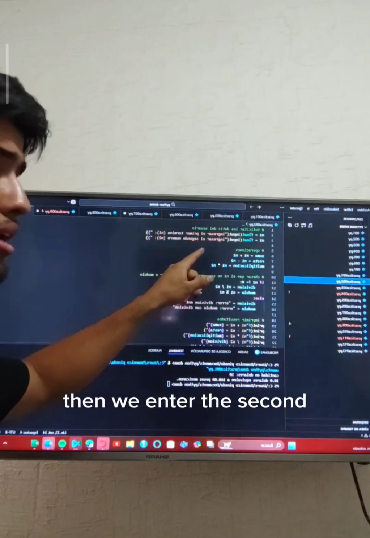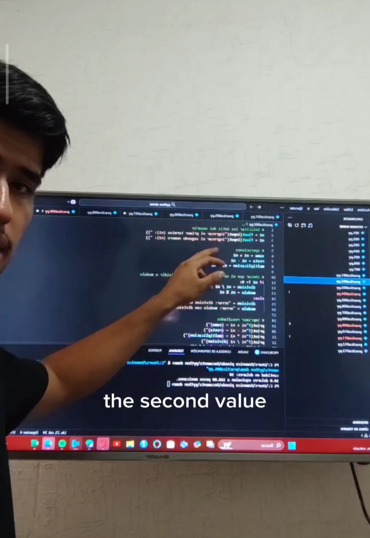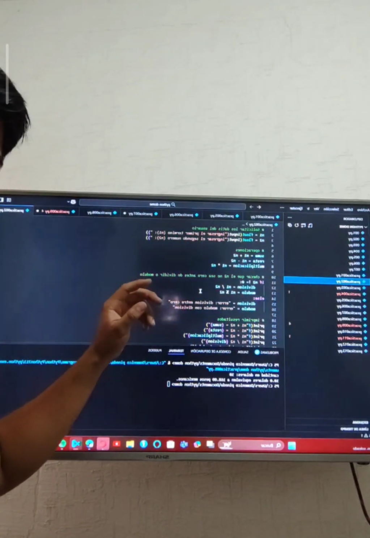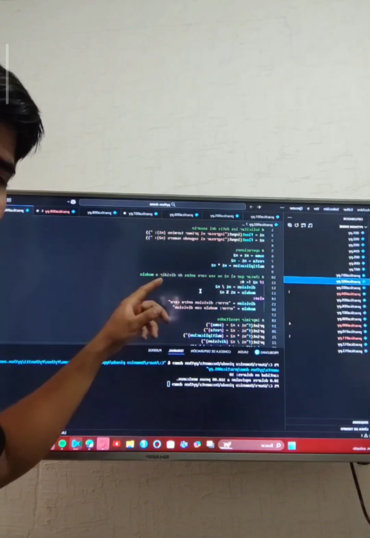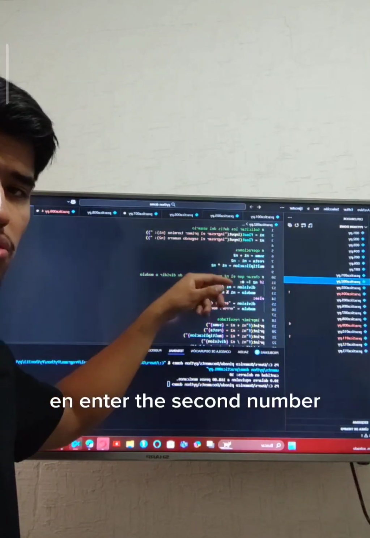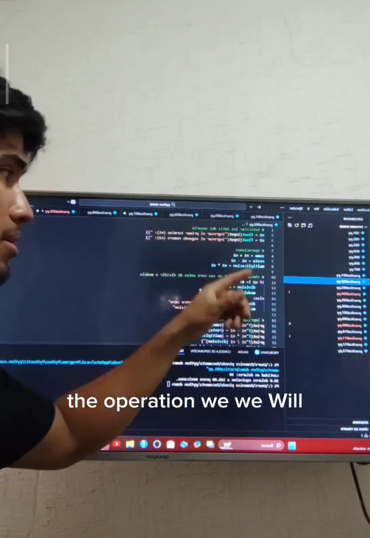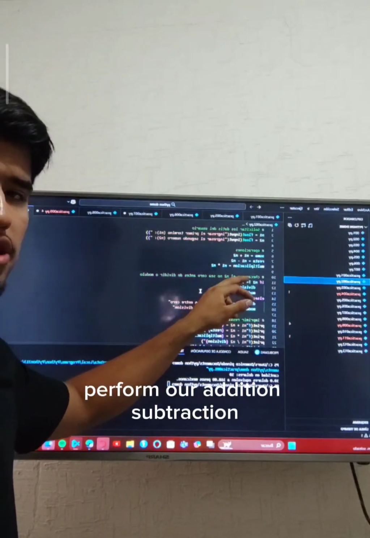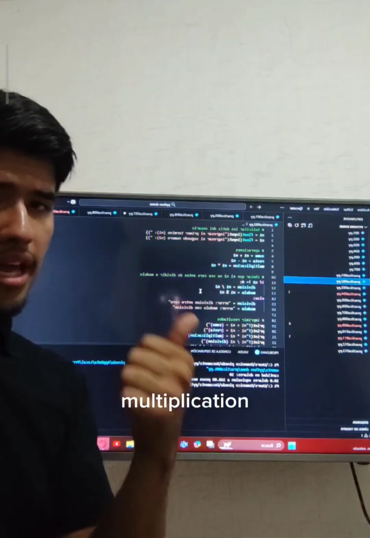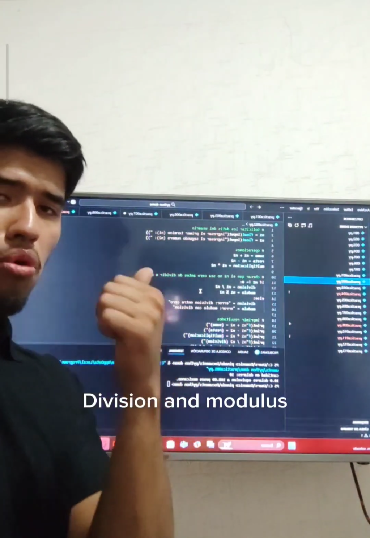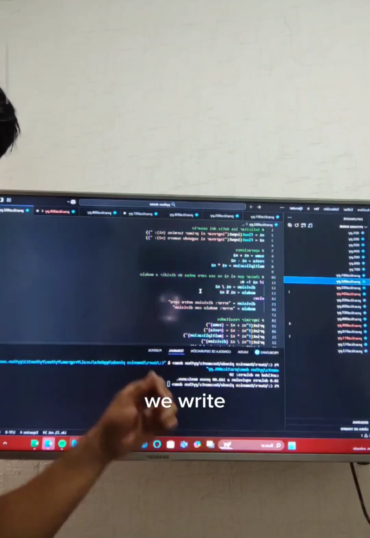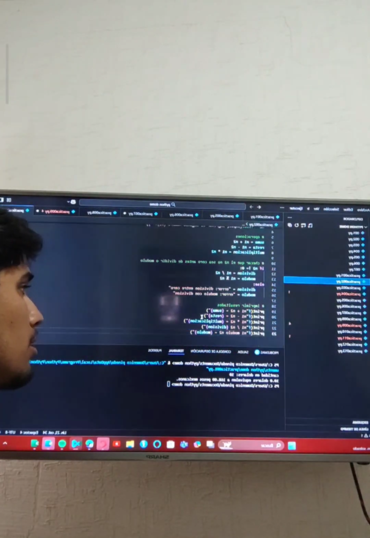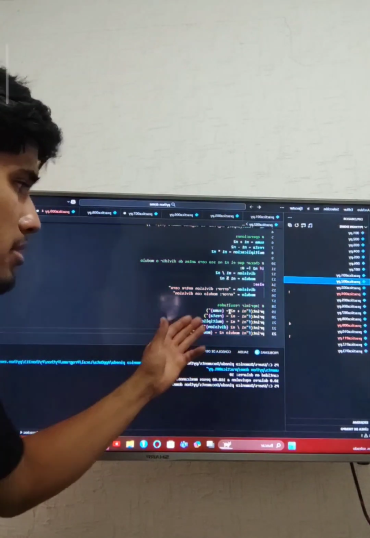Then we enter the second value, which is N2, and enter the second number. The operations we will perform are addition, subtraction, multiplication, division, and modulus. We write them this way.